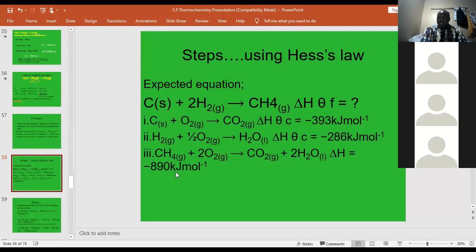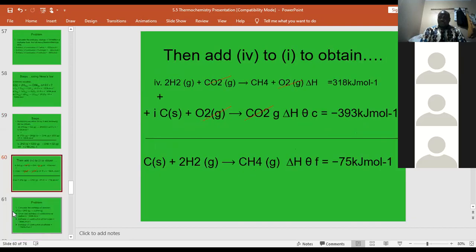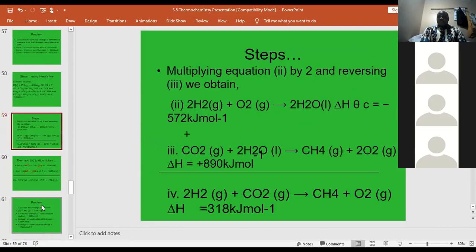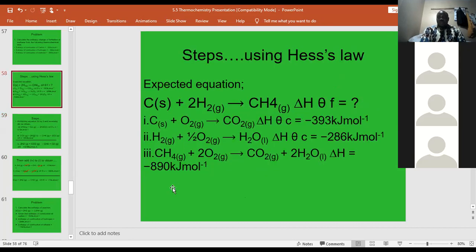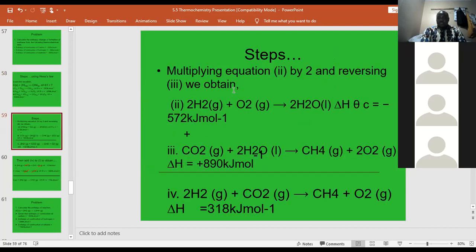We reverse equation 3, and then we add it to equation 1. So when we reverse equation 3, this is what is going to happen.